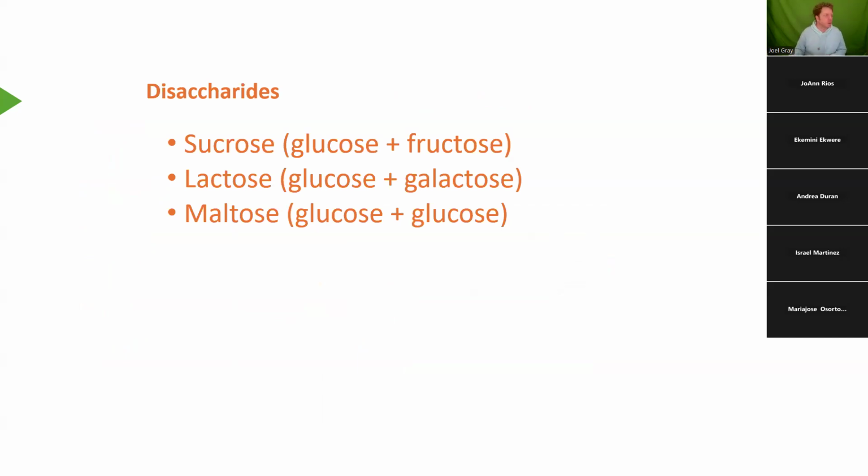Now, what I want you to know, this right here. If I ask the question, maltose is a disaccharide of what two monosaccharides? I want you to say glucose and glucose. If I said sucrose is a disaccharide of what two monosaccharides? I would want you to say glucose and fructose.